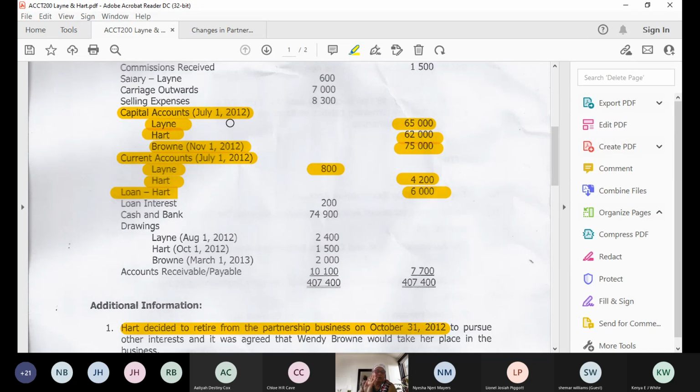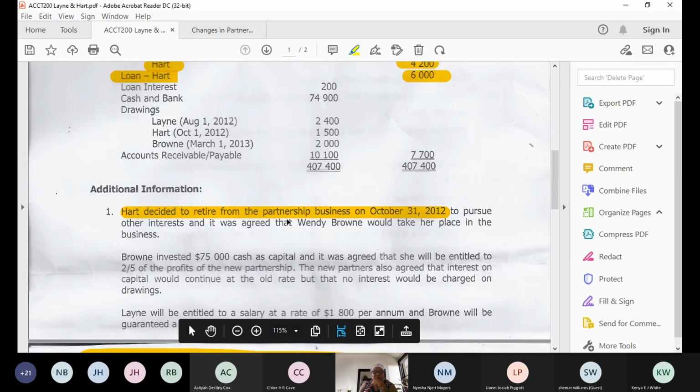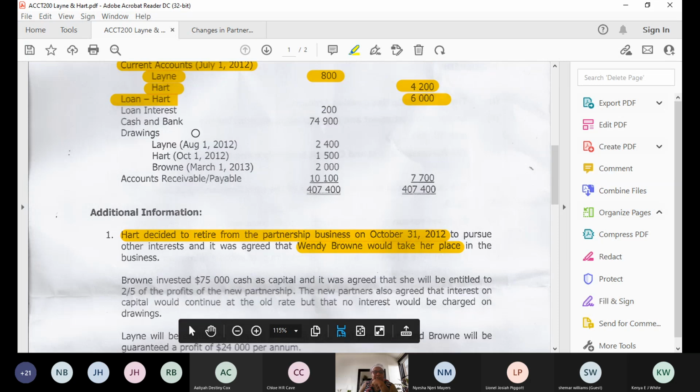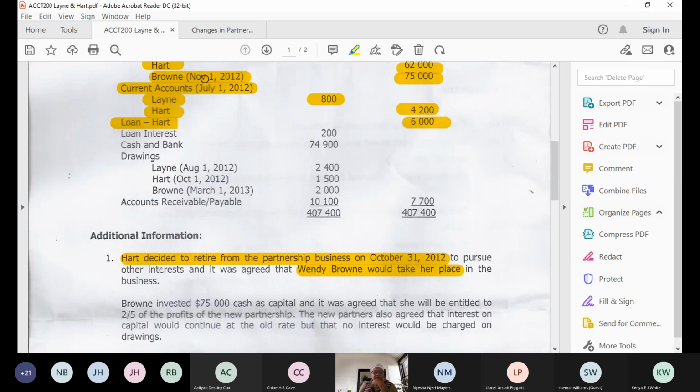So that's why we came up with the July to the October, which is 4 months. And then it says it was agreed that Wendy Brown would take her place. And if you look here, you will see when Wendy Brown came in on November 1st, right?